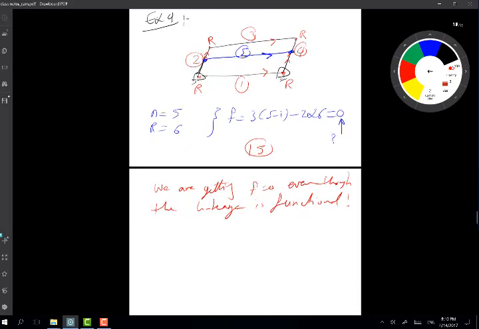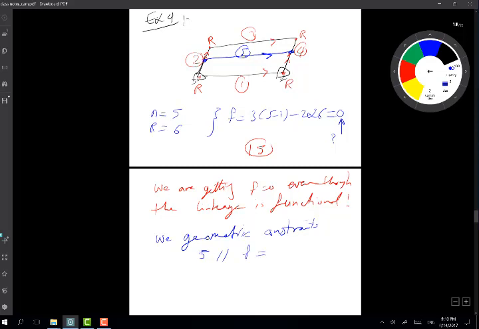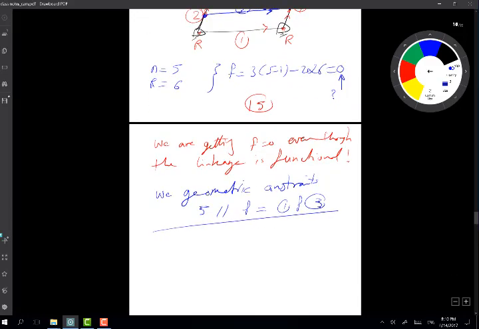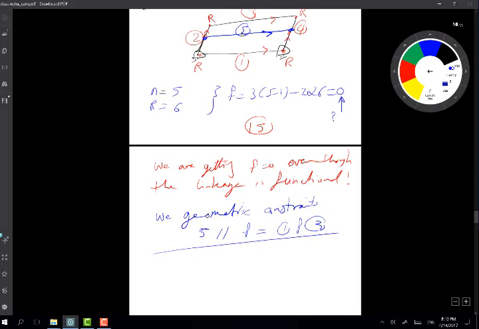Okay, so now we have geometric constraints. Link 5 has to be exactly parallel and equal to 1 and 3, and any deviation from that, this linkage is not going to function.